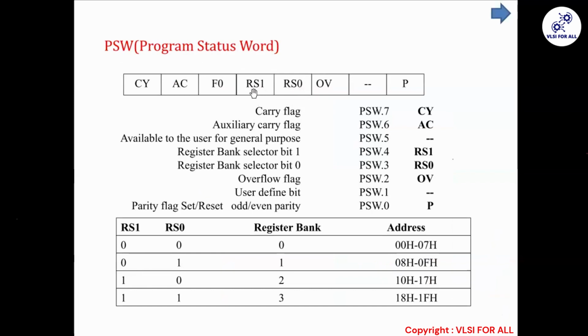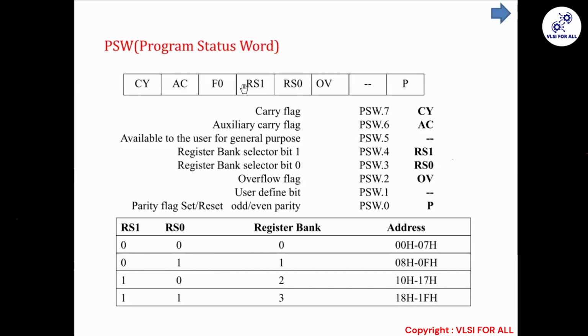They are programmable. If I am putting 00, I am dealing with register bank 0. 01, I am dealing with register bank 1. And 1 means which address in your RAM? 08 to 0F, that address in your RAM.